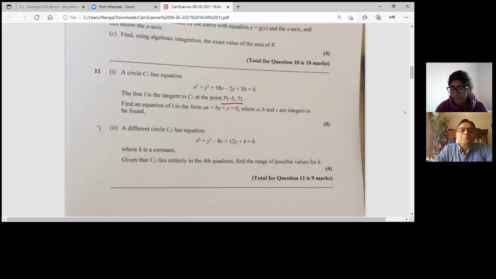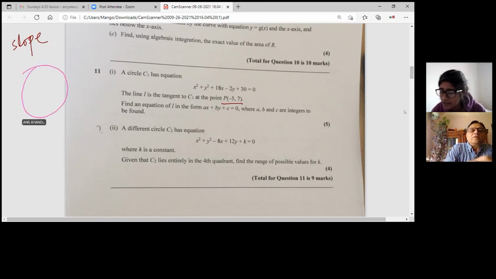Correct. So basically, to find this equation of the tangent, you need the slope, right? How will you find the slope? Radius is the square root of f squared plus g squared minus c. Yeah, you find the center first. So what is the center for this circle?